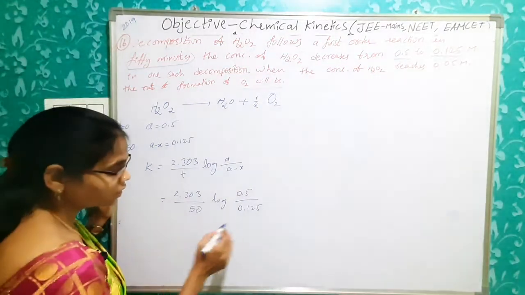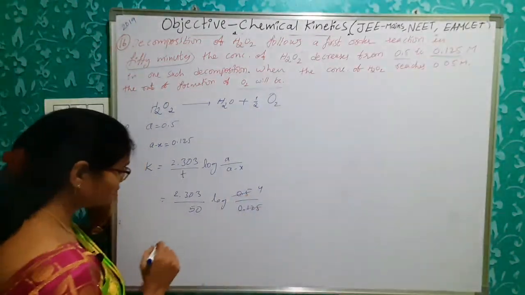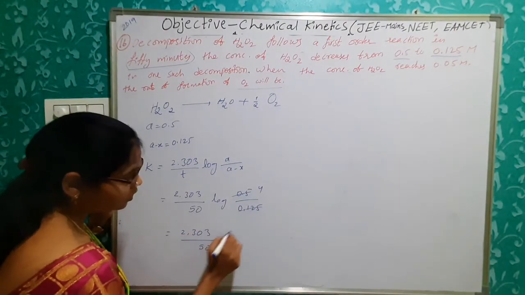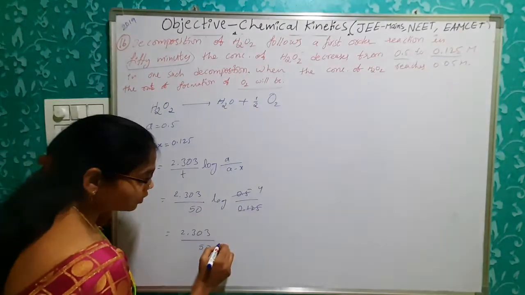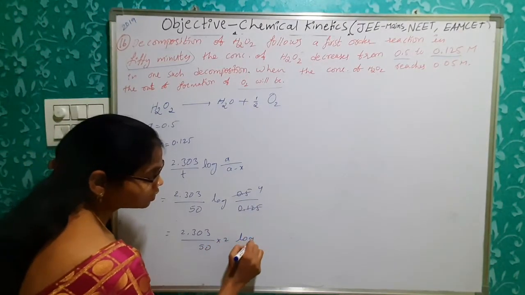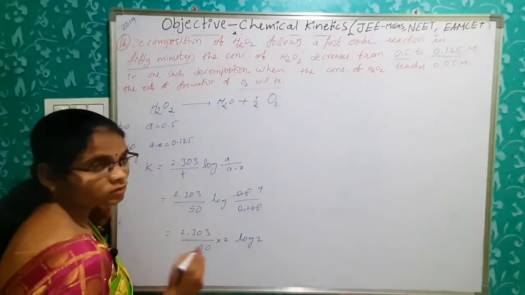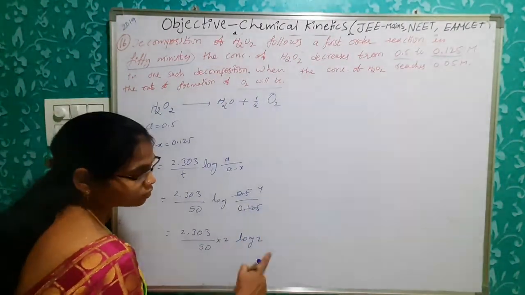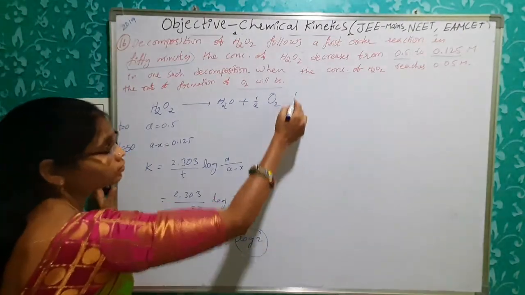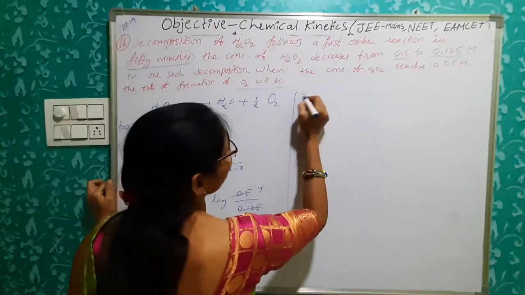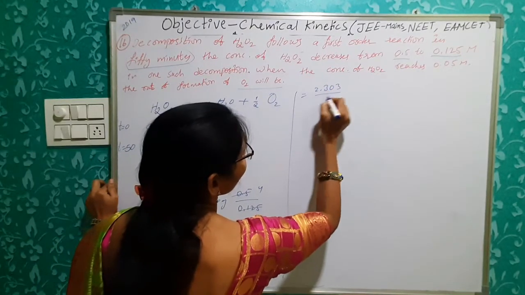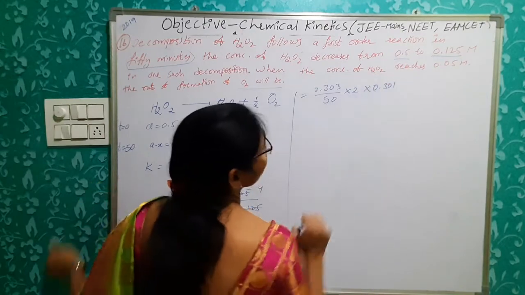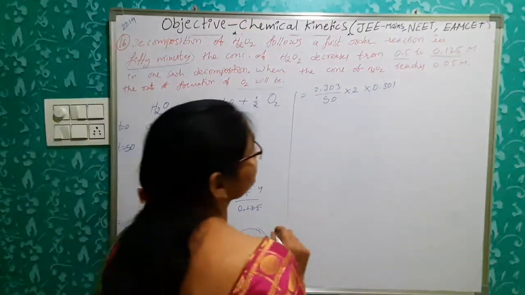See here, 0.125 is almost 4 times smaller, so 2.303 by 50, log 4, which you can write as 2 log 2, since 4 is 2 square. So log 2 value we know very well, how much? 2.303 by 50 into 2 into 0.301.